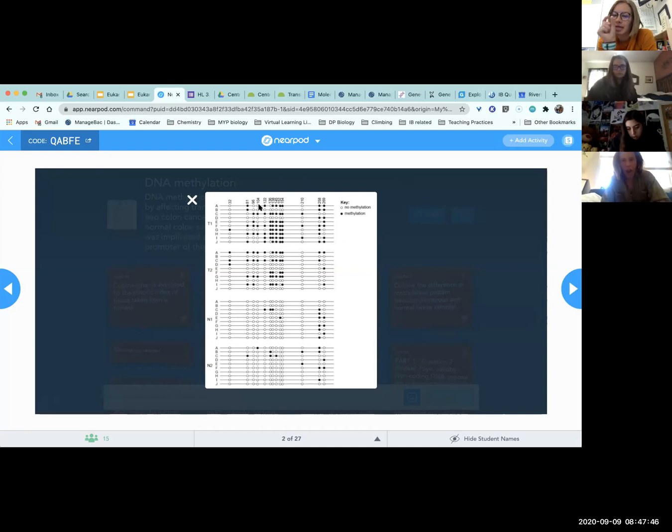And we're just looking at an isolated tiny section of the gene from samples of colon cancer and normal cells, okay? And what they told us is that section 32 to 269 is the section of DNA that codes for the promoter of that gene.